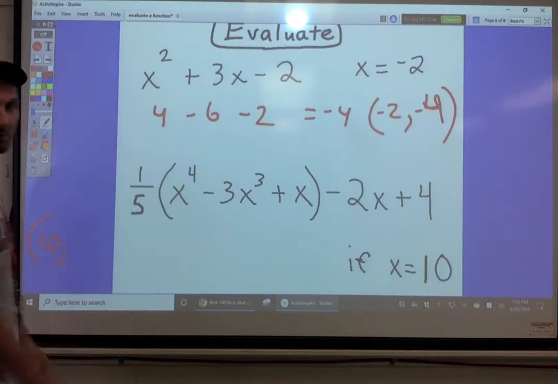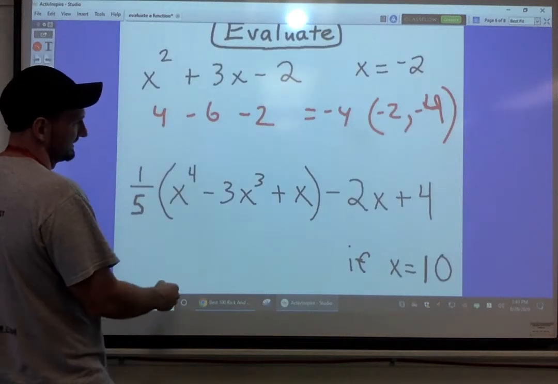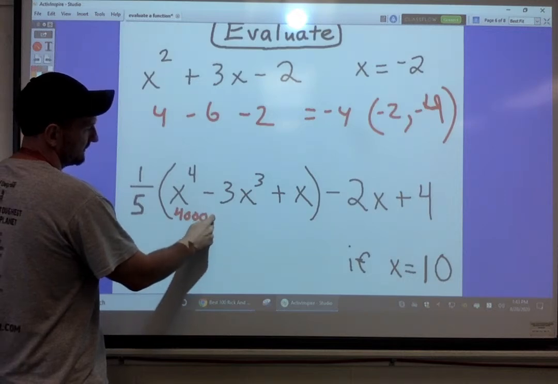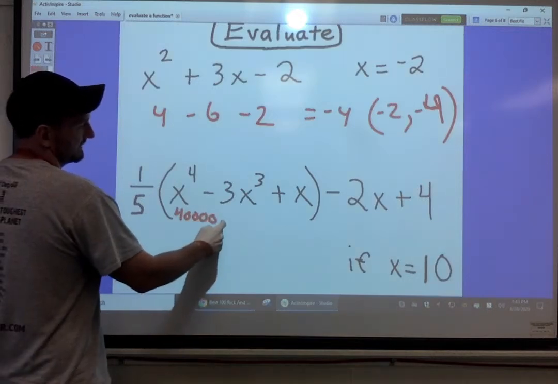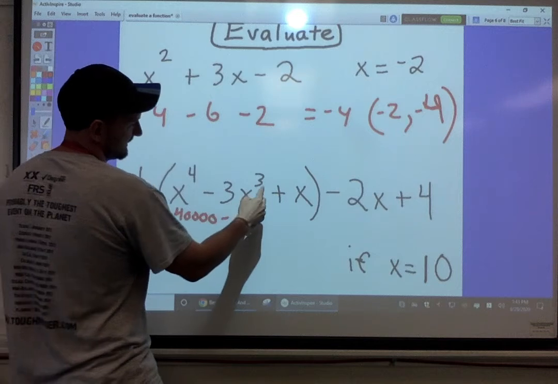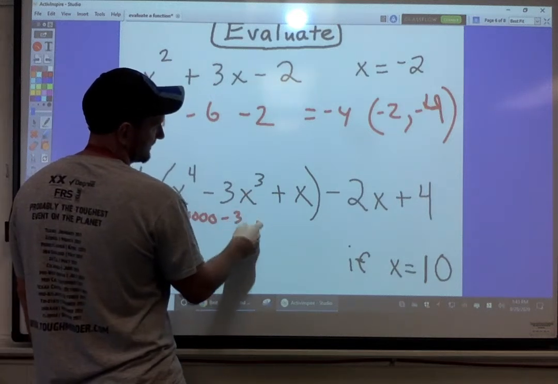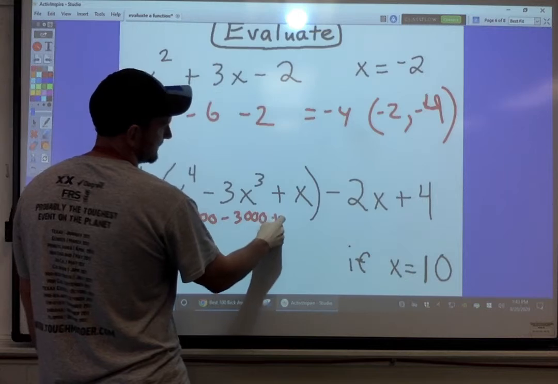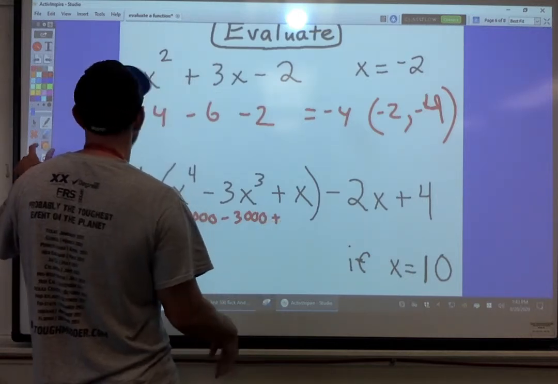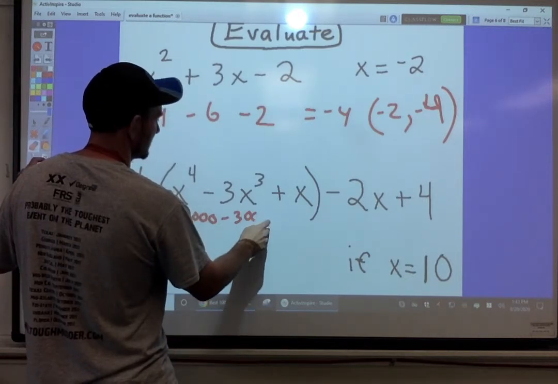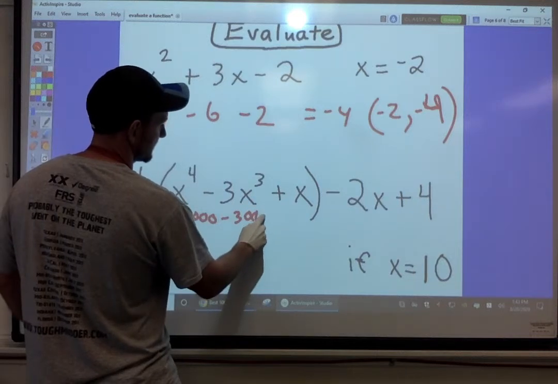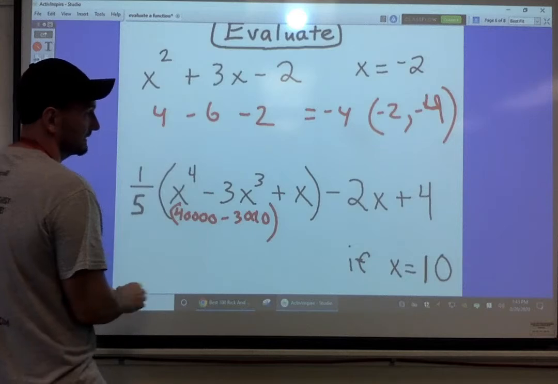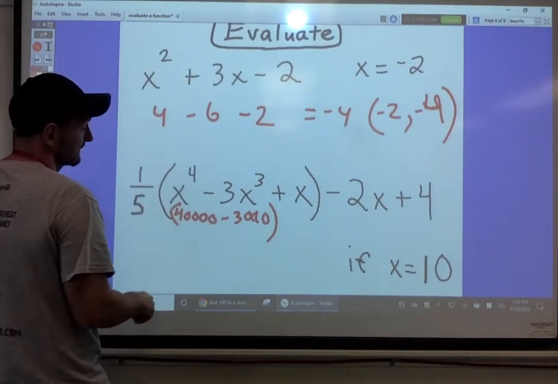Oh boy, this is going to be a little bit more elaborate. 4, then 1, 2, 3, 4. Minus 3 times, and we're going to have 3 zeros, 3,000, plus 10. So I'm going to go ahead and change that to 10. So I need to subtract that, and then divide it by 5.